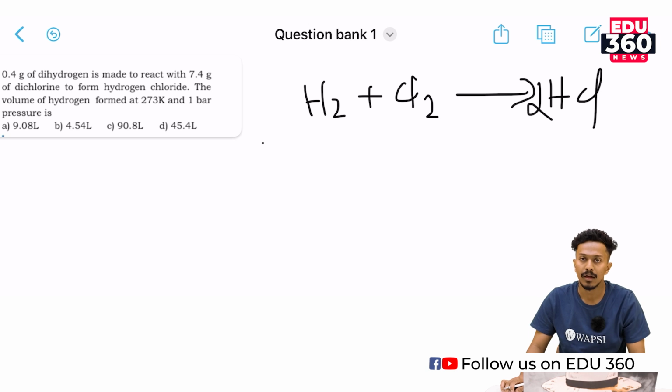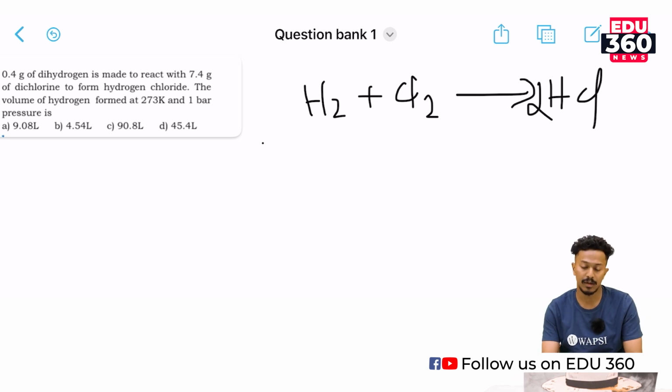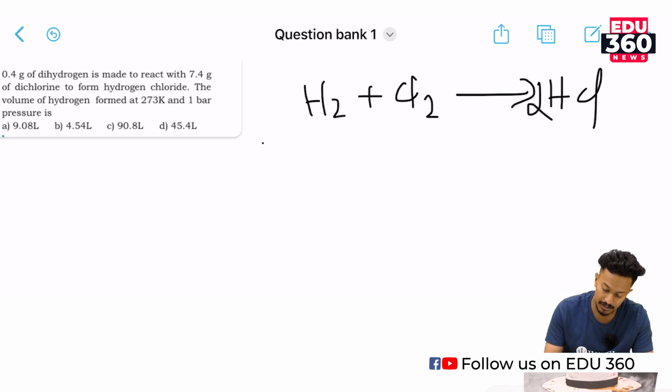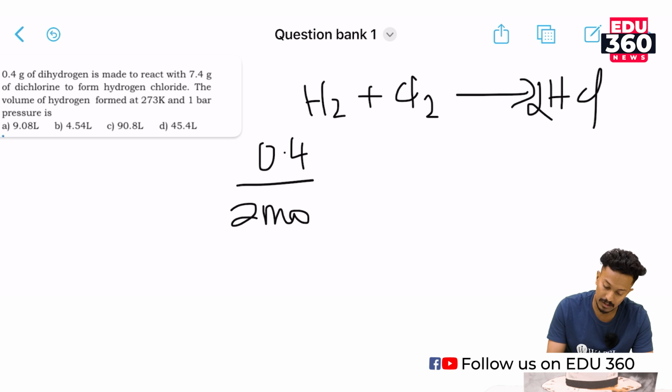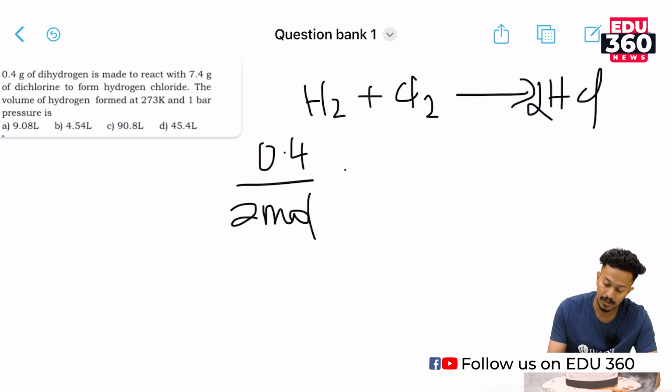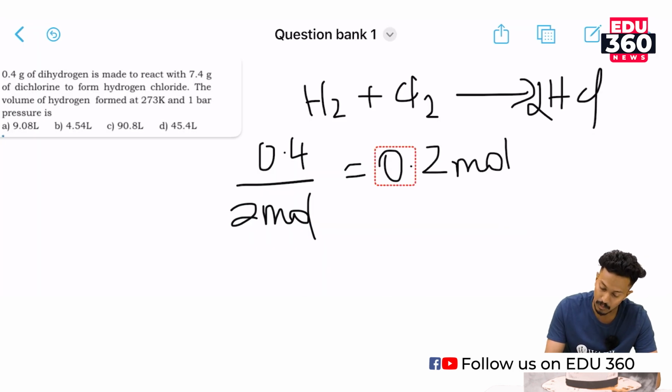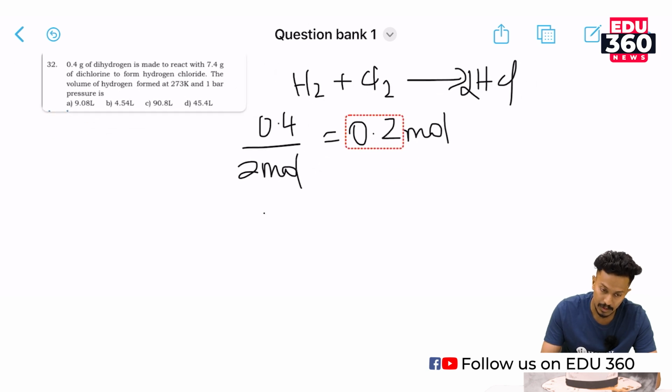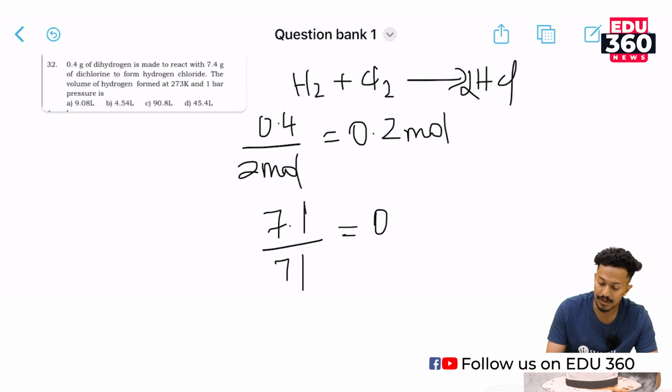So we could discuss the number of moles used here. The given mass of hydrogen is 0.4 gram with molar mass 2. Am I right? Yes, 2, which gives 0.2 mole. And for chlorine, the given mass 7.1 by molecular mass 71 is 0.1 mole of chlorine.